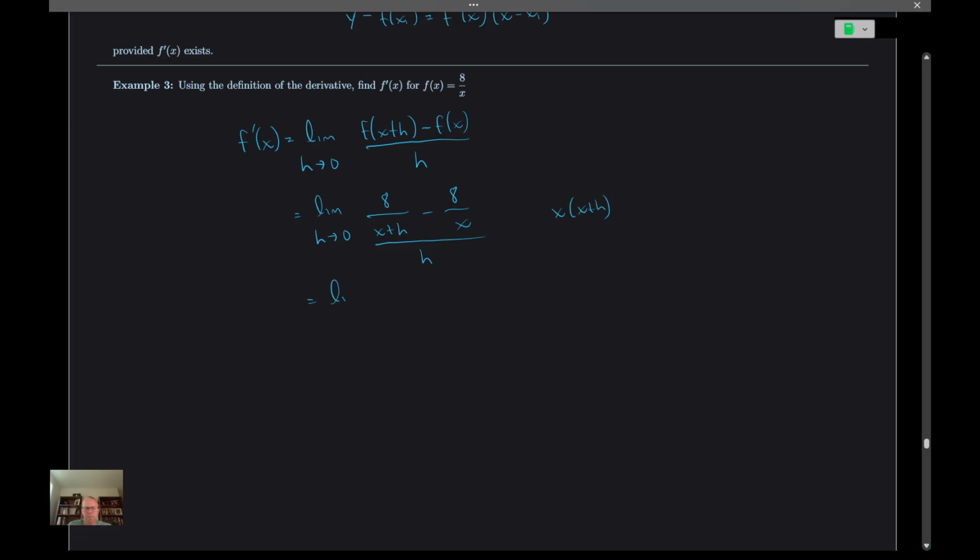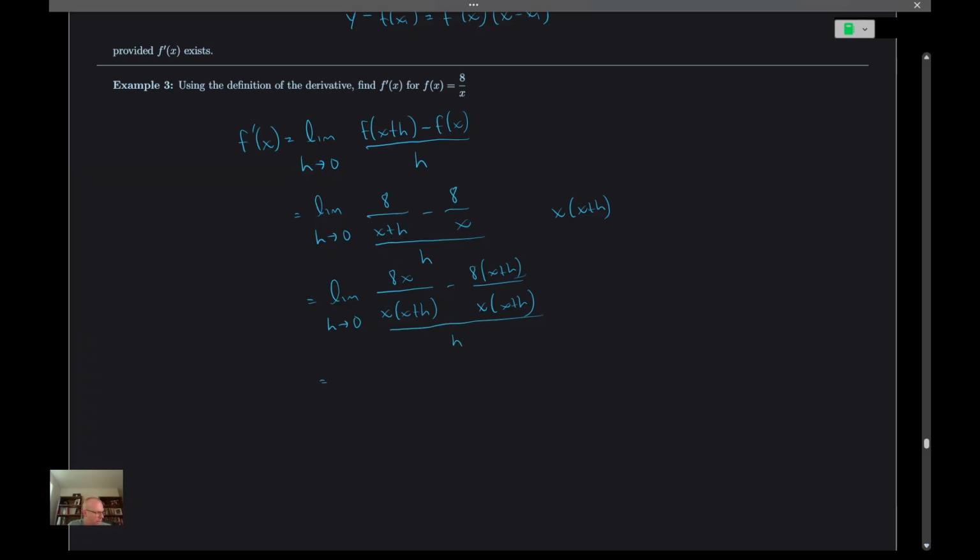So we have x times x plus h on the bottom. We already had the x plus h, so we need 8x up here, and then we'll go through the whole deal here. This is algebra stuff that you should be fairly well familiar with.